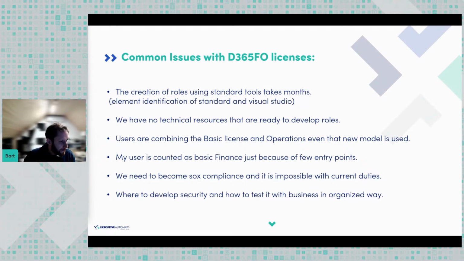What else have we got? My user is counted as basic finance just because of a few entry points. That's a nice example. Imagine that our account sales representative has 21 entry points, and we are not able to make the optimization because, let's say, we've got 100 of those sales representatives working in the system, and they are on the highest license for us, basic finance, just because they've got those 2 or 3 entry points.